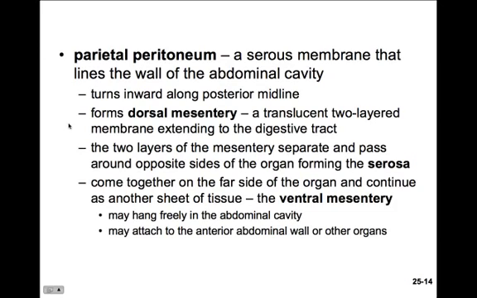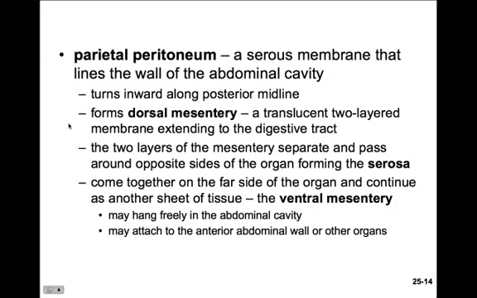Along the posterior midline of the body, it turns inwards. So now we have a double sheet of what was parietal peritoneum coming in to form the dorsal mesentery. That sheet then separates again as it rounds any of the organs that come into its way, forming the serosa, the visceral serosa, or the visceral peritoneum in this case.